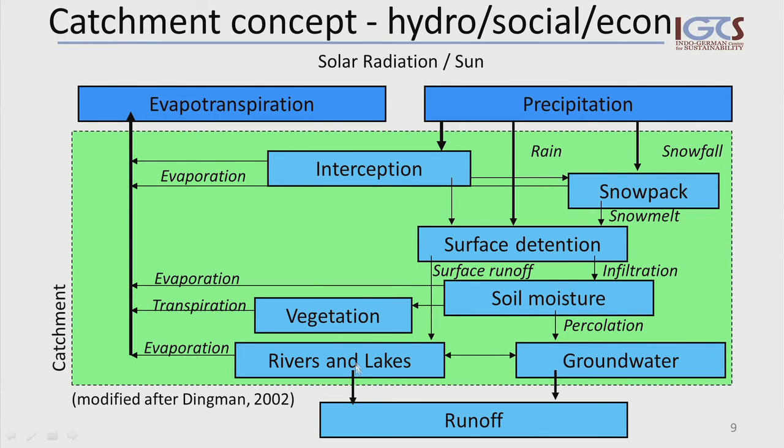The major part of it will move into the storage compartment of rivers and lakes and become runoff out of our catchment or evaporate. So this can be analyzed individually in much more detail depending on our needs and our objectives.